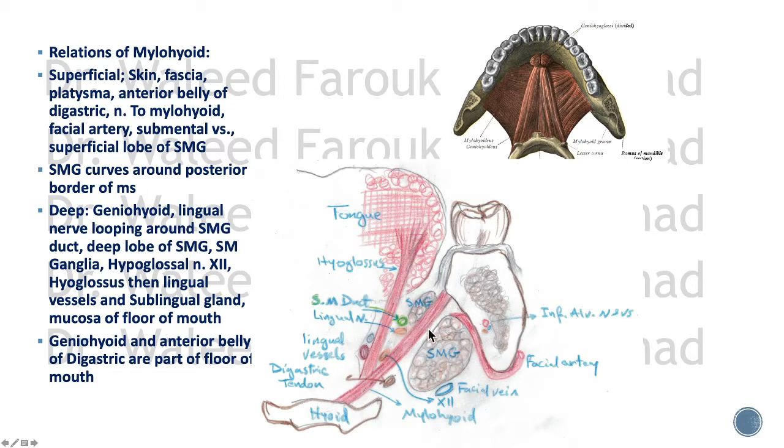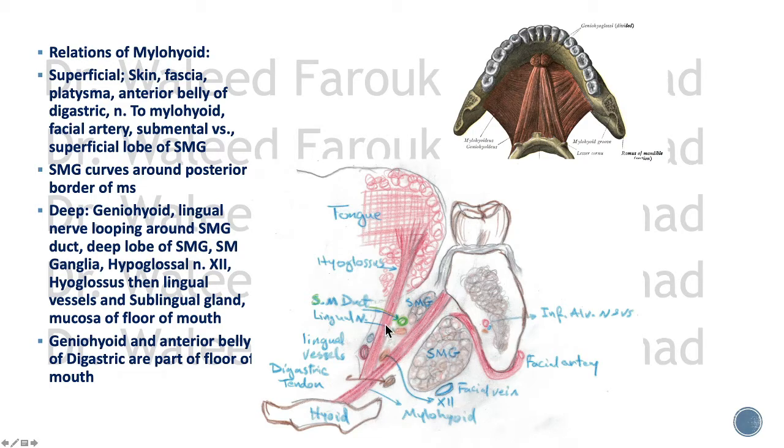While deep structures include the deep part of the submandibular gland, the submandibular duct with the lingual nerve looping around the duct. We have the hypoglossal nerve and the submandibular ganglion in between, hanging from the lingual nerve. And venae comitantes, which are a continuation of the sublingual veins coming from the tongue, are deep to the mylohyoid.